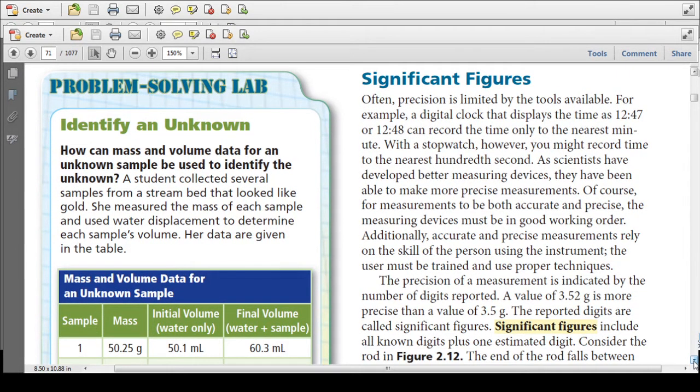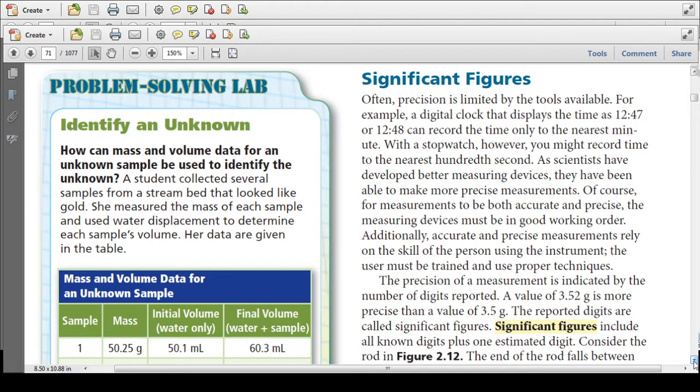Significant figures. Often precision is limited by the tools available. For example, a digital clock that displays the time as 12:47 or 12:48 can report the time only to the nearest minute. However, if we look at a stopwatch, you might record time to the nearest hundredth of a second.